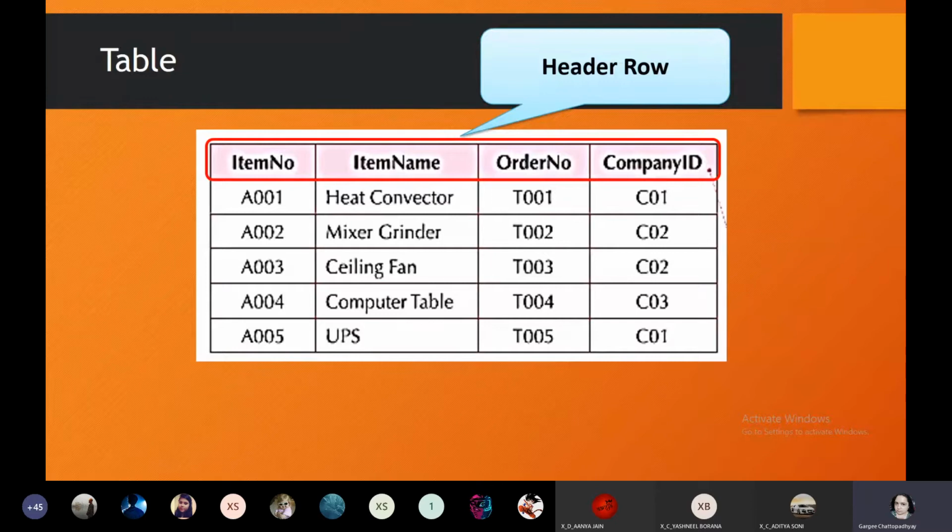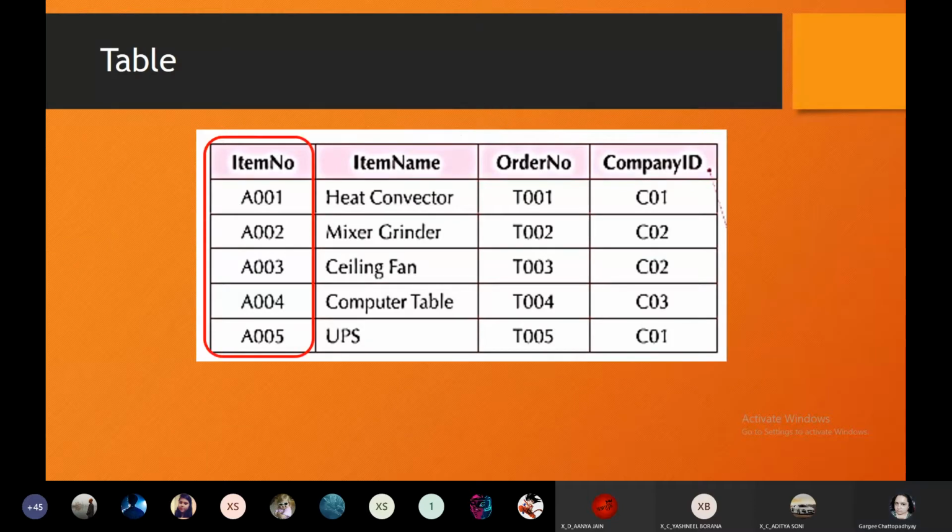Item number, item name, order number, company ID. Very good. These are the field names. How many fields? 4 fields in this table.